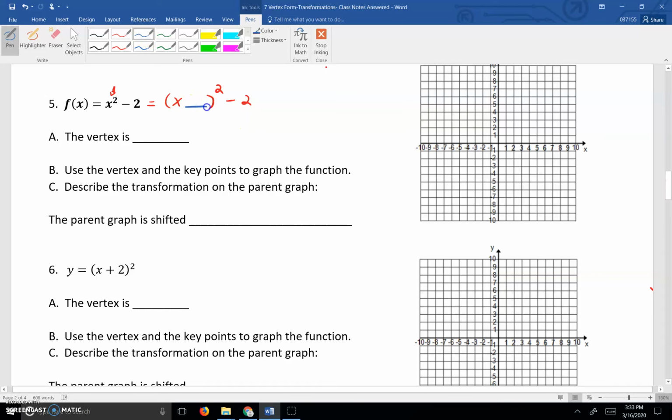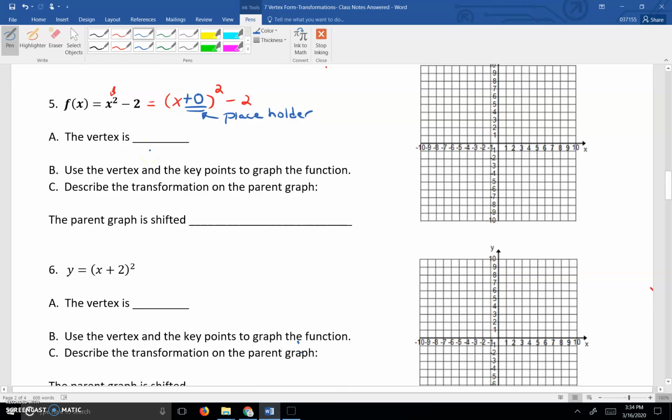Then I'm missing a term. I'm missing the number being added to or subtracted from the x. So I'm going to add in a number. And remember that when I add in a number, we call that a placeholder for a missing number. And anytime I add a placeholder, I add 0.